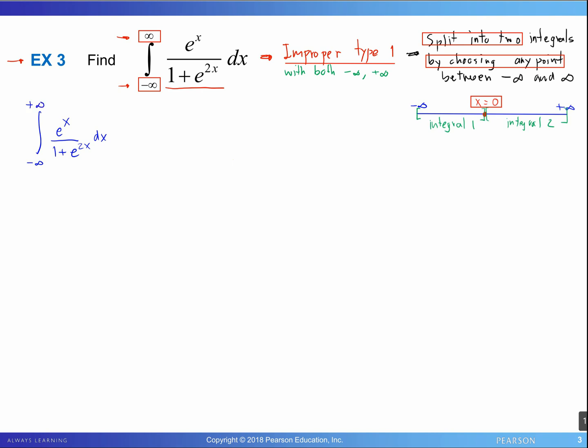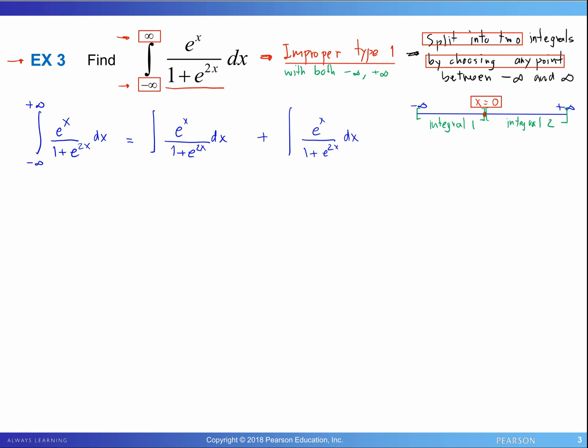And now we split this integral into two, equal to the first integral, same function, e to the power of x divided by 1 plus e to the power of 2x dx, plus the second integral, same function, e to the power of x divided by 1 plus e to the power of 2x dx.